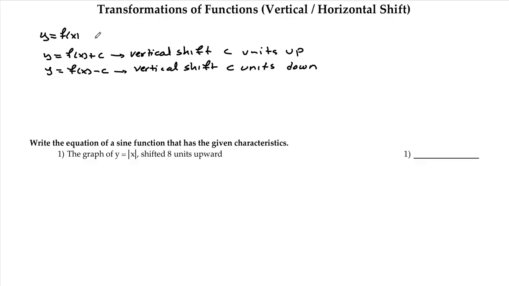Now, when you want to have a horizontal shift, we have to substitute x by x plus a or x by x minus a. So you have your function now y equals f of x plus a. You have a horizontal shift a units to the left.